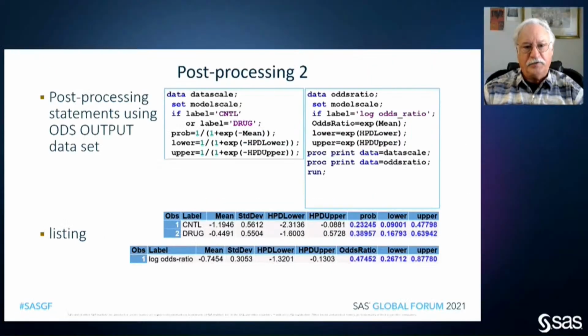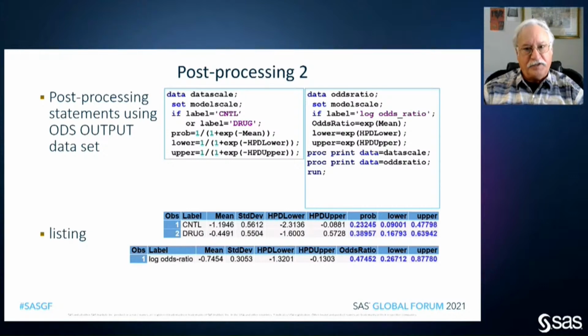So if the label is either control or drug, then we calculate the probability applying the inverse link. Here, rather than using the logistic function, I've actually spelled out what that is: 1 over 1 plus e to the minus mean. And then we apply the same thing to the upper and lower HPD limits, and that gives us the upper and lower limits on the data scale.